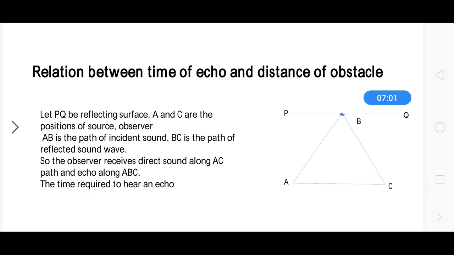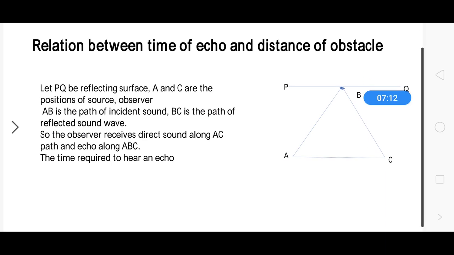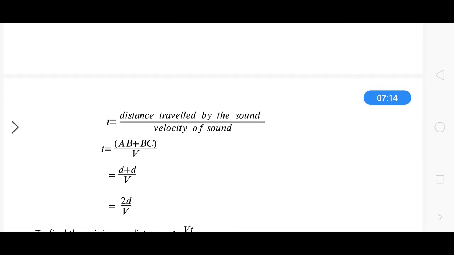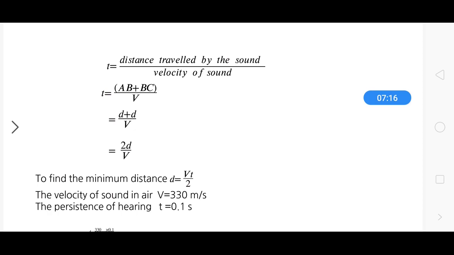Now I am concentrating on the time required to hear an echo. To find the time, we know that velocity is equal to distance by time, so time is equal to distance by velocity.